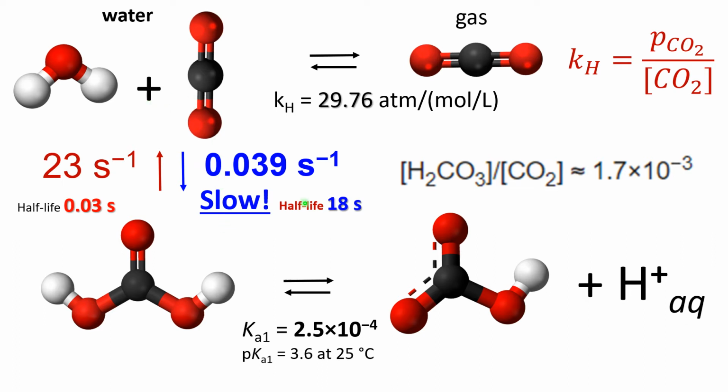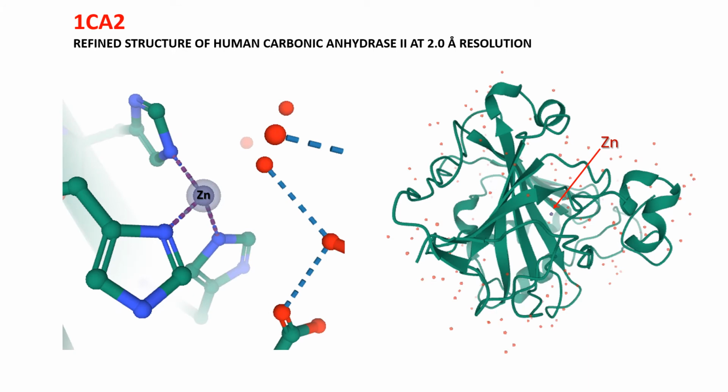And as you can see, it takes almost half a minute to make even half of CO2 in equilibrium. So, in living creatures and in us humans, there are special enzymes that facilitate this process.